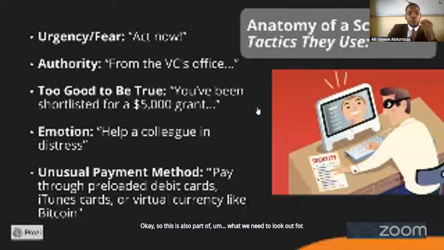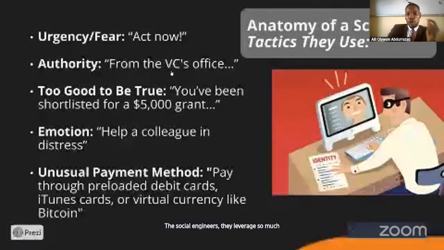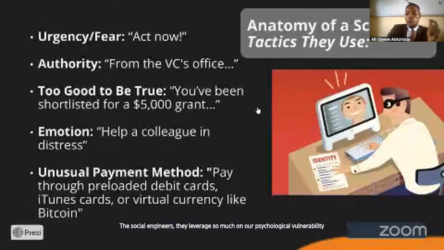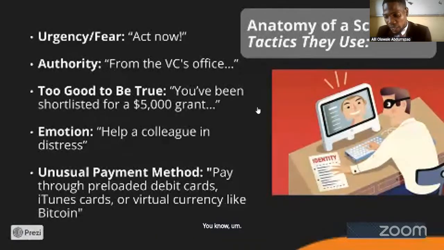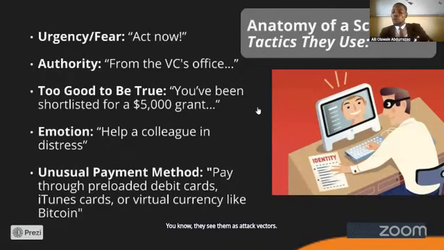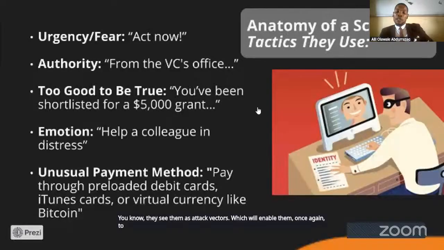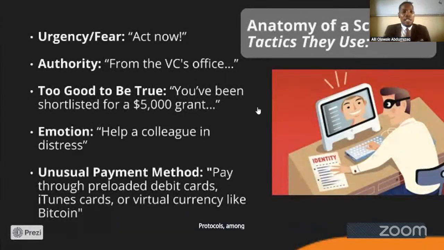Like I said earlier, social engineers leverage so much on our psychological vulnerability, and when they are able to get this, they see them as attack vectors which enable them to exploit our trust, authority, and our protocols, among others. First, urgency and fear.